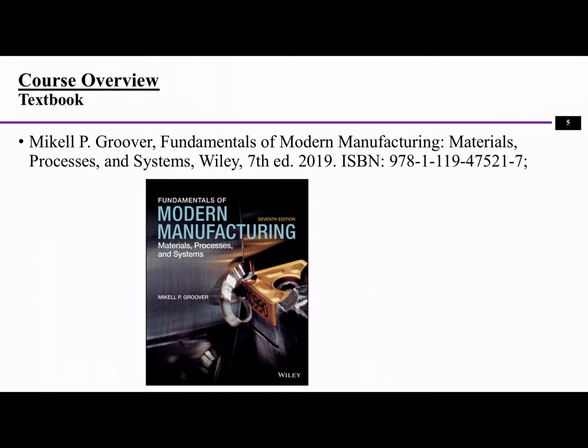It's a very useful and also very popular book in almost all engineering schools with manufacturing curriculum in the U.S.